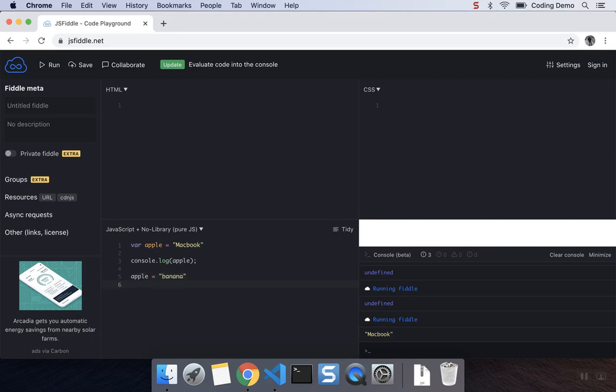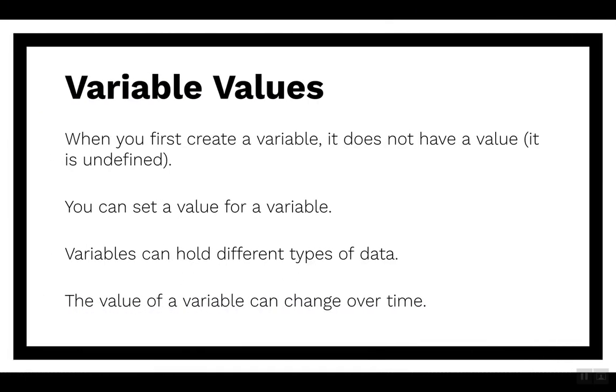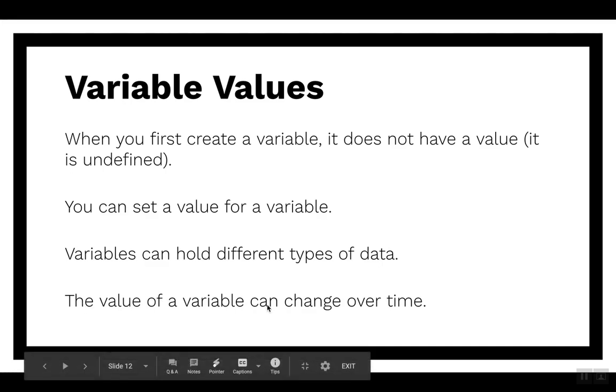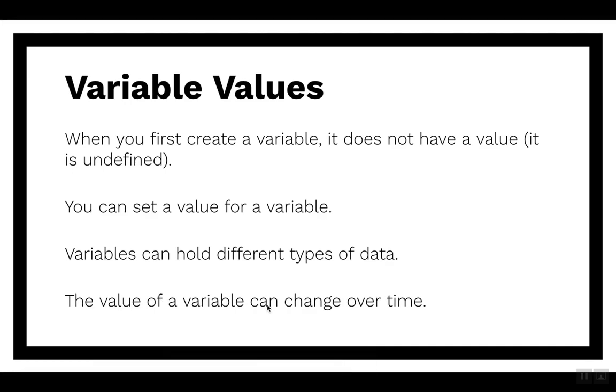Let's try banana. So let's say console.log Apple, and the first value it shows me is MacBook, and the second value it shows me is banana. That means the value of Apple changed over time, and that's what this point is trying to illustrate. Okay, moving ahead.